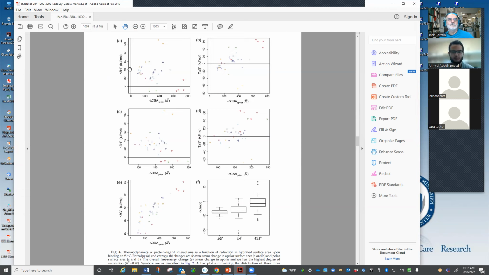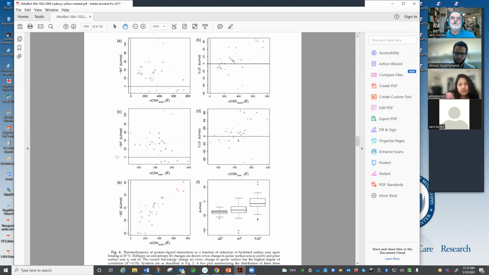So it's enthalpy versus apolar, entropy versus apolar, enthalpy versus polar, entropy versus polar. And then they look at free energy versus apolar as a summary down below.